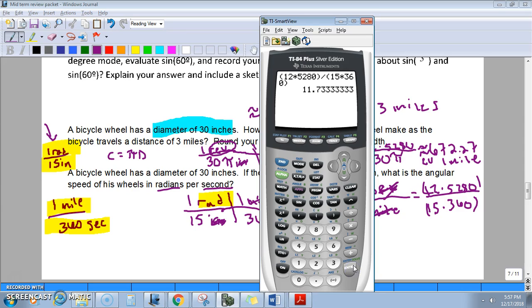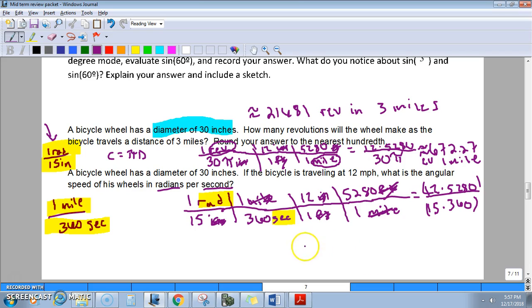All right, so I get approximately 11.733 repeating radians per second.